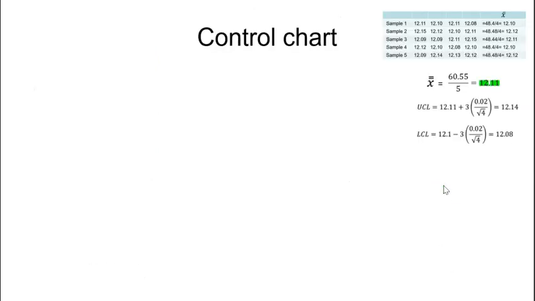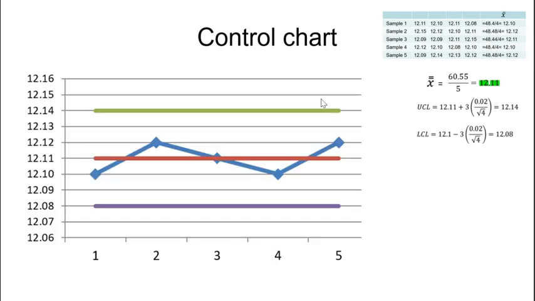So we know the upper control limit and the lower control limit, and the X bar is the central control limit. Now we can plot the graph. What to plot here is the X bar. X bar for sample 1 is 12.0, and X bar for sample 2 is 12.12, and sample 3 is 12.11, and so on.